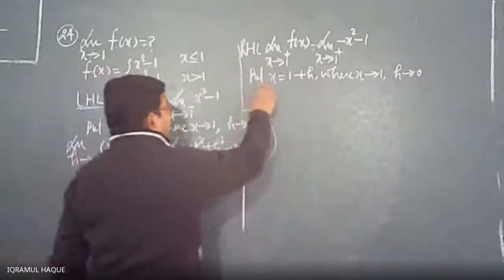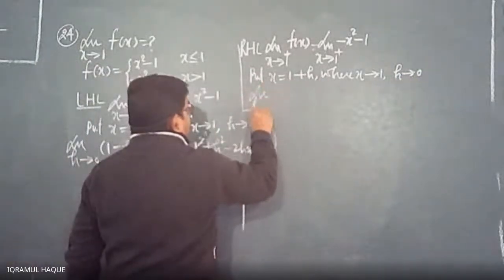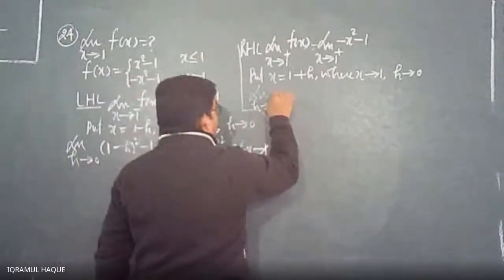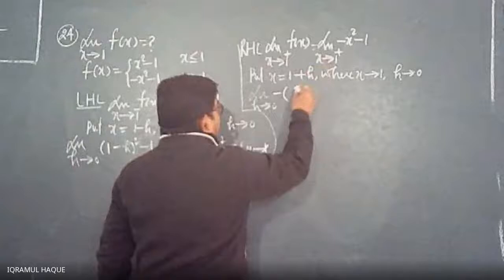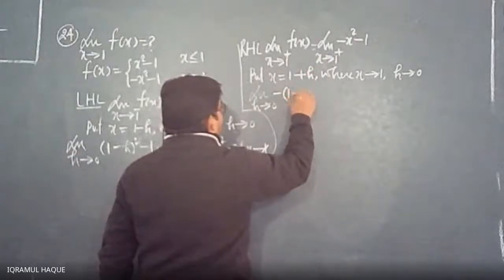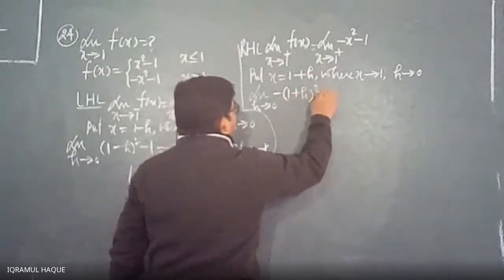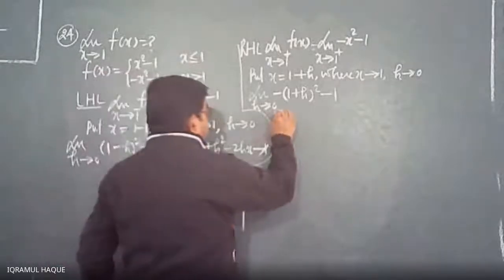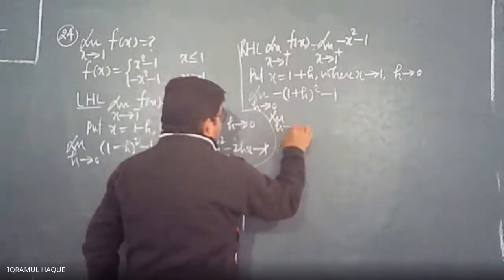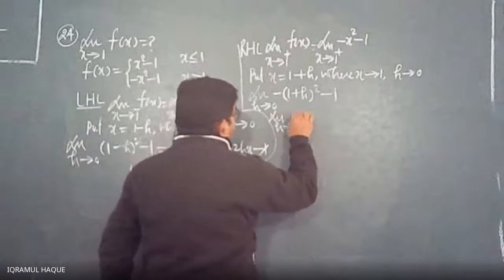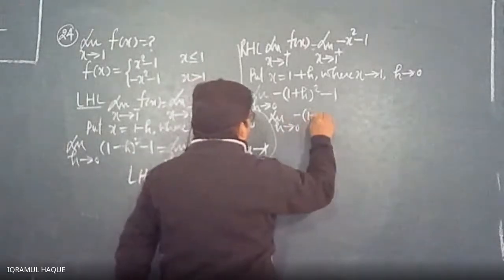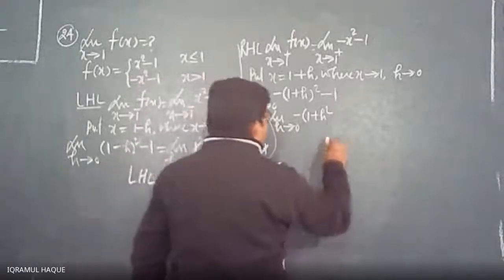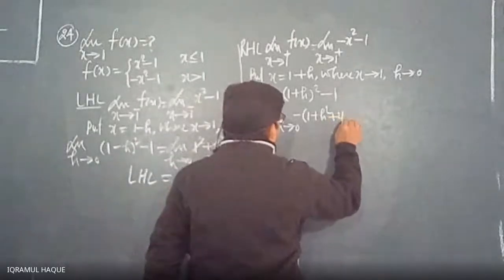So we have limit h tends to 0, minus, in place of x we write (1 plus h) whole square minus 1. Now break this into whole square. Limit h tends to 0, we have minus (1 plus h square plus 2h) minus 1.